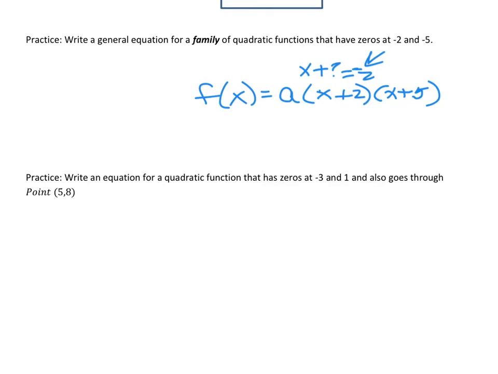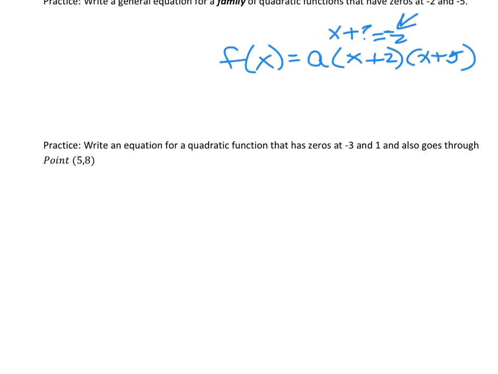However, if we had to write a specific one function given the zeros, then we would need another point on that function to determine the one unique function that can describe that. And so in this example down here, we're told that we have zeros at negative 3 and positive 1. So if we have a zero at negative 3, that would be a factor of x plus 3. And if we have a zero at positive 1, that would be a factor of x minus 1. And we're going to have some kind of stretch or compression up front.